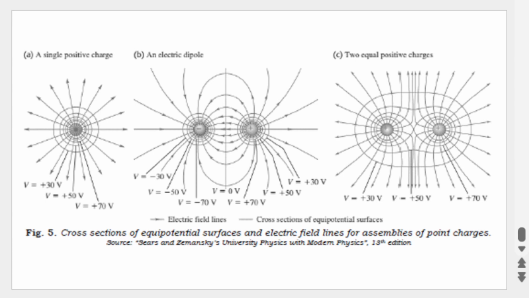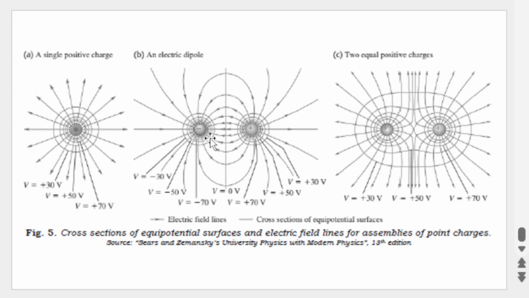So this is 70, then farther out we have 50, then 30, which is the outermost. 30 is on the outermost, 50 in the middle, and 70 on the inside.